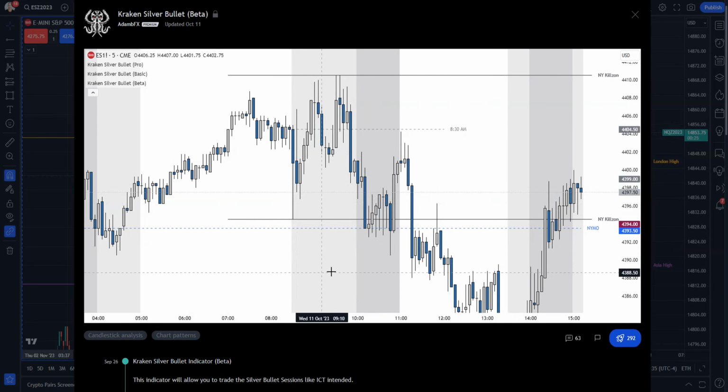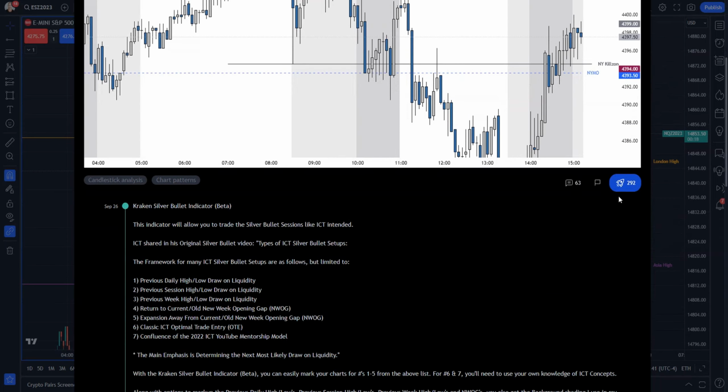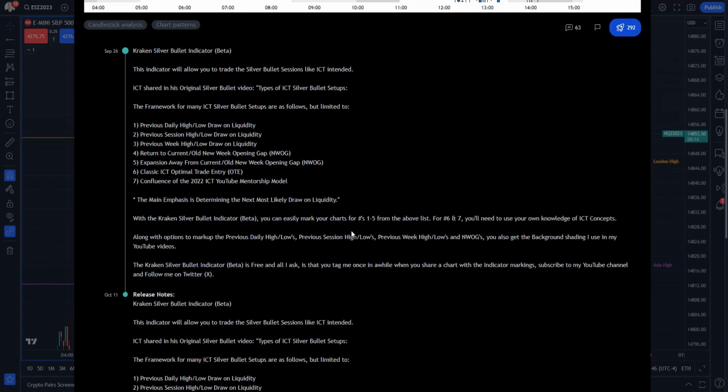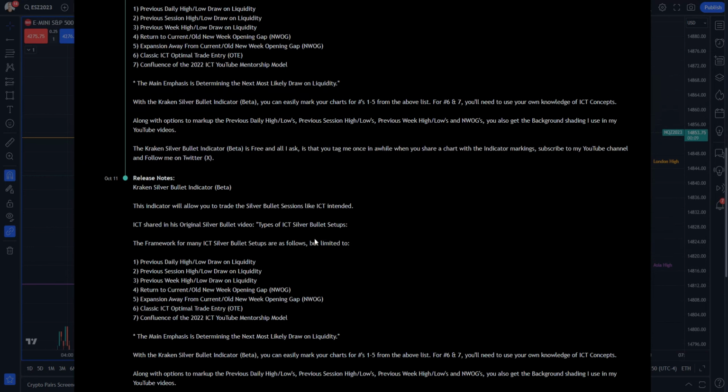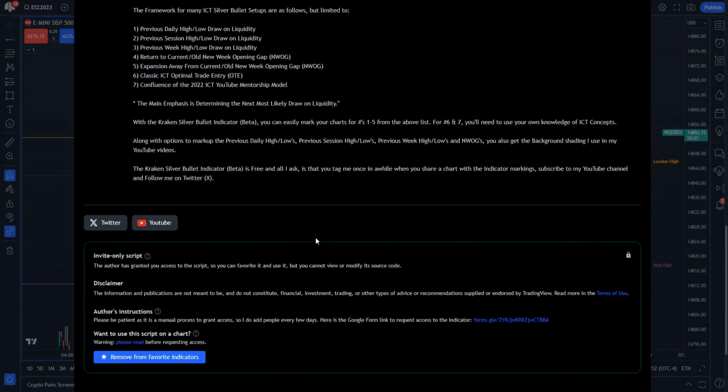Obviously a white background, but you can still look at your kill zones, the London highs and lows, and boost this page, and you can see there's some explanations on how to use this Kraken Silver Bullet indicator.